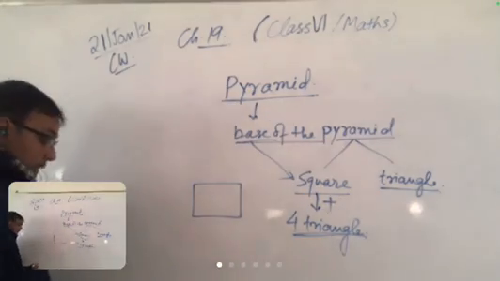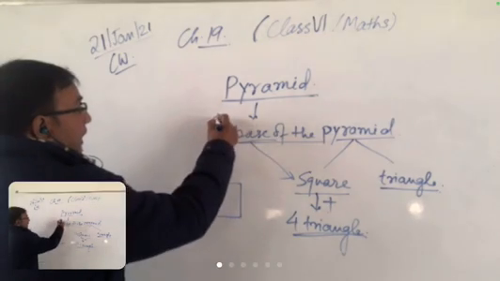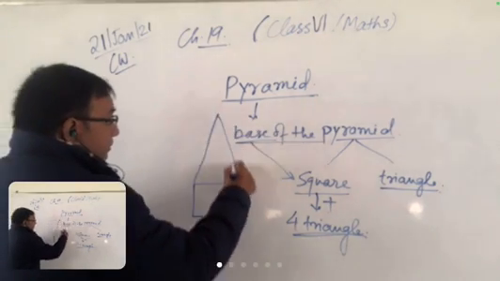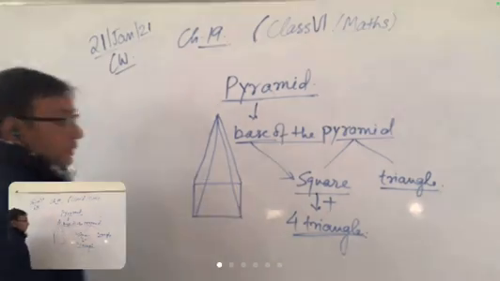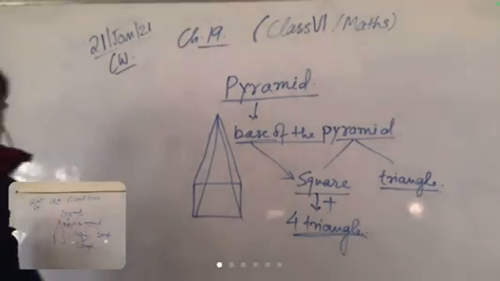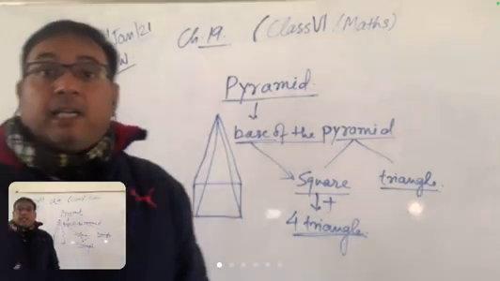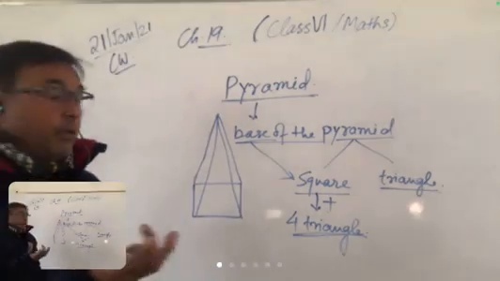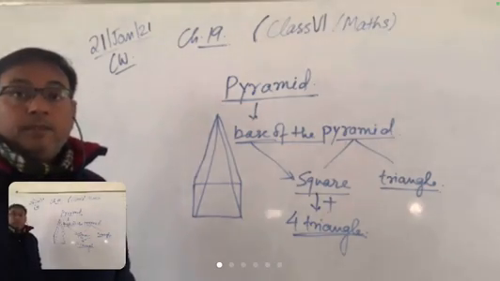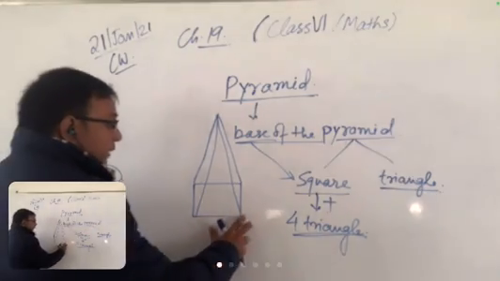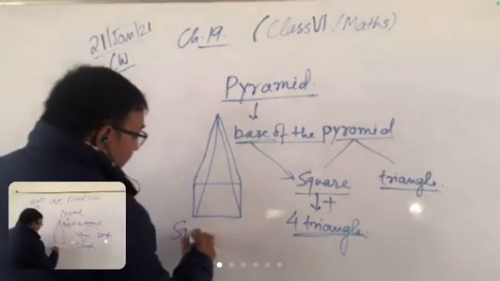So how can you make this? You put a point above and join all of them. Okay? So if you see it carefully, you observe that this is a pyramid and it is a 3D shape. Okay, if anyone has any confusion, please ask. And this is called a square pyramid.